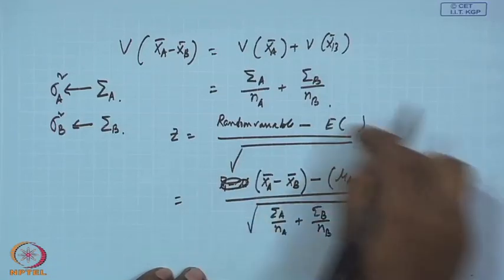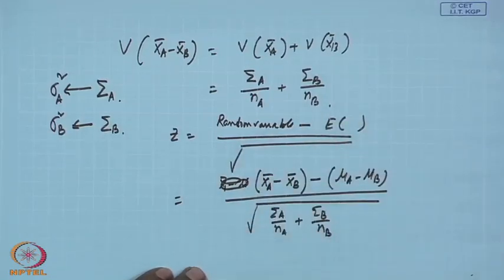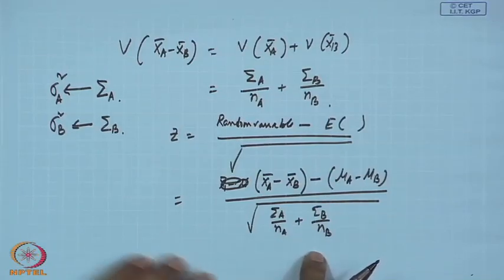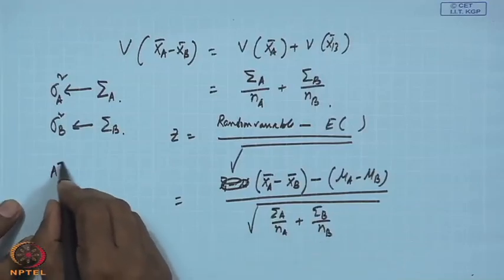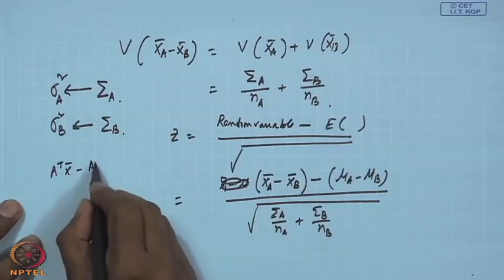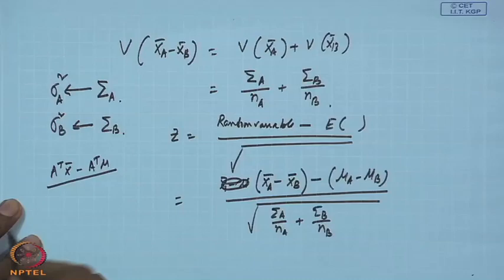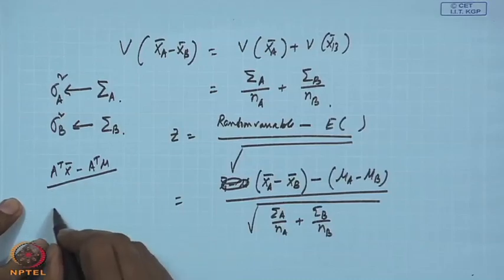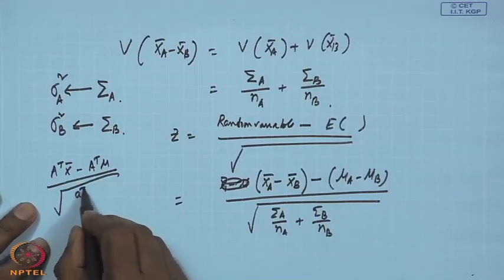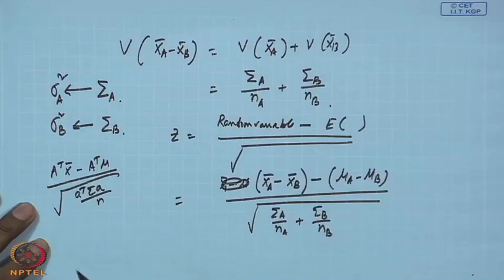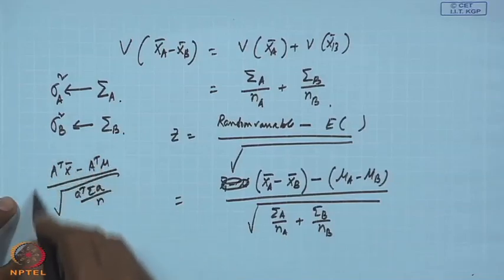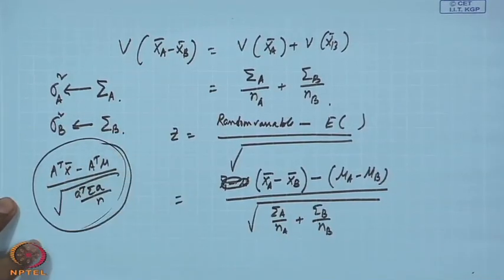Now see, this is in the multivariate domain, and you have already seen in the univariate case that similar things were created, when I wrote A transpose x bar minus A transpose mu, divided by the square root of A transpose sigma A by n. This is for only one population case.